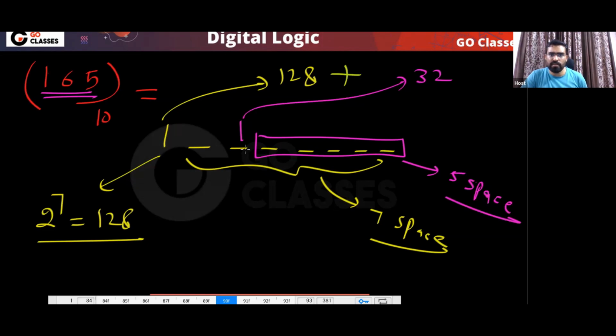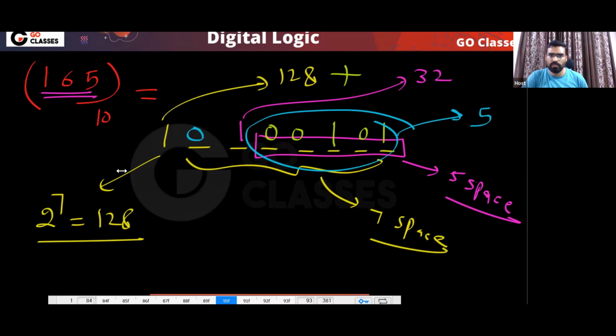How much is remaining? Only 5 is remaining. So this 101 will give me 5, and the rest you can put 0. Very simple. So the final answer is basically 10100101. This will be your binary.